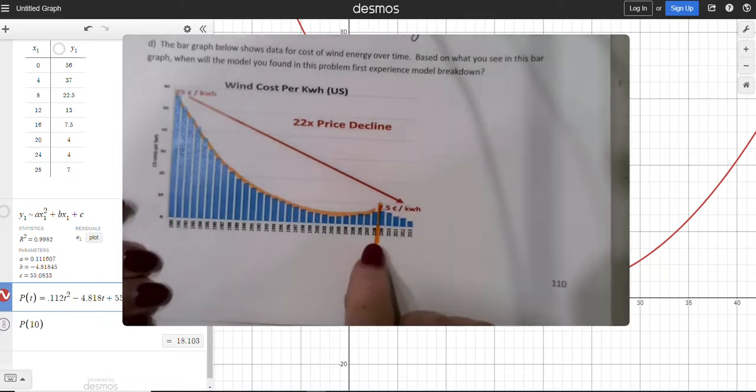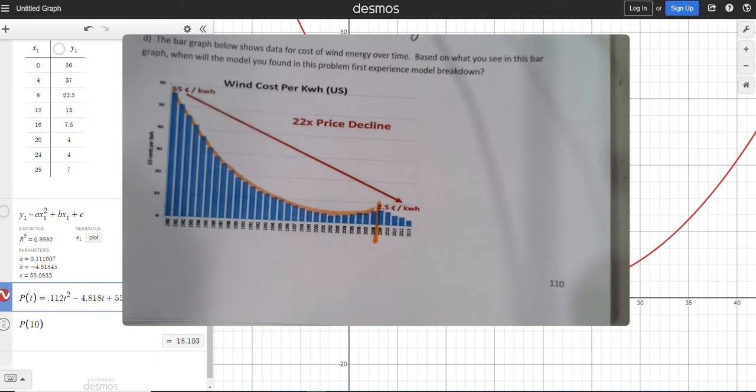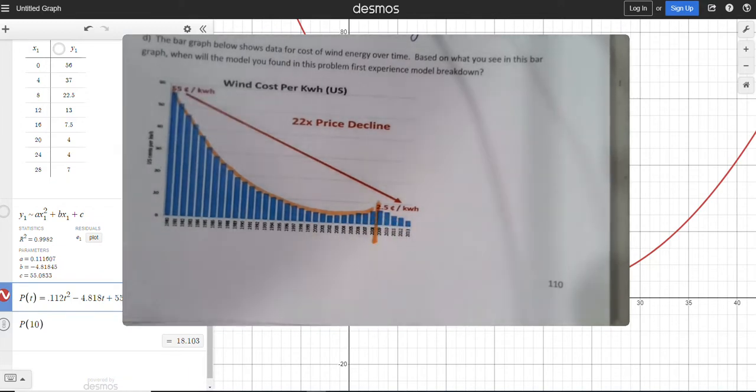So I would suggest that somewhere, it looks like that's between 2008 and 2009, it was still going up. So I'm going to say right around 2009 is probably the last year that I would want to think my model is any good. By 2010, we probably are experiencing model breakdown because we're starting to see a decline in price again.